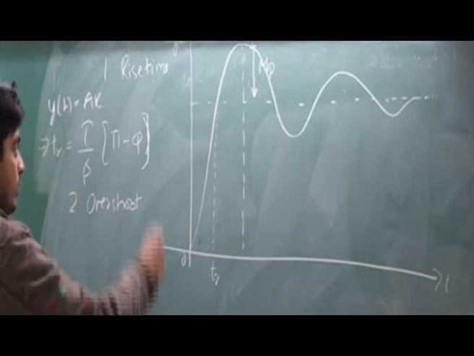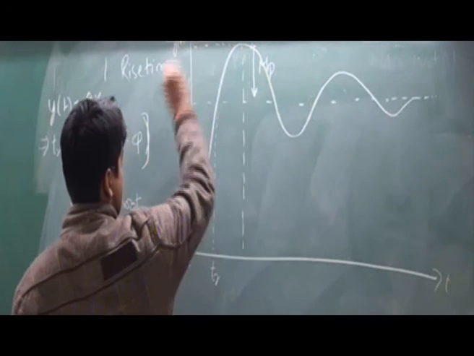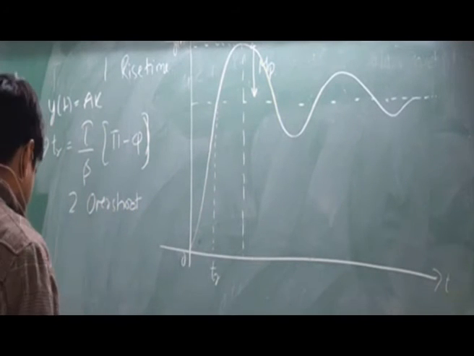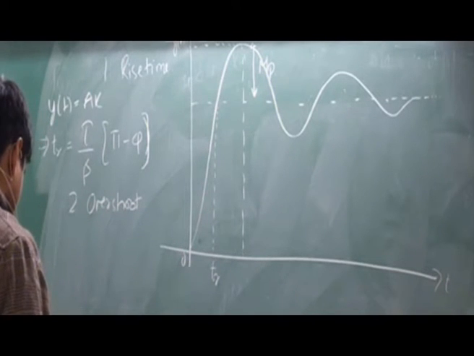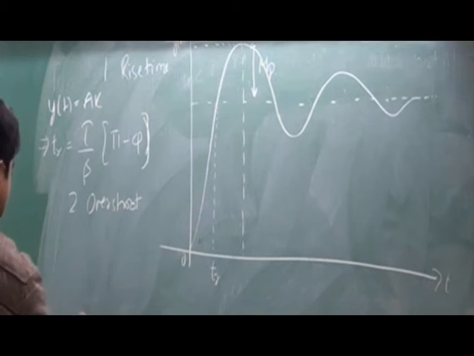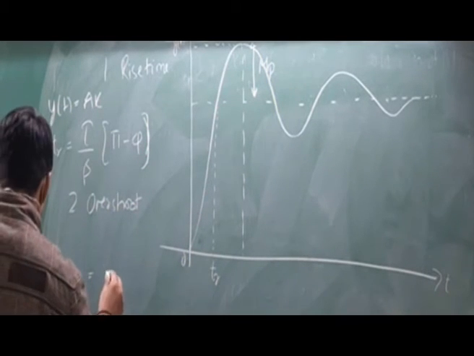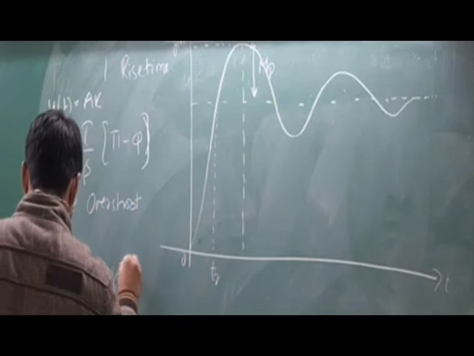So you can also compute this value by maximizing this function and then finally computing the magnitude of the response. So Ymax, I write the direct equation for the Ymax, is given by this AK.